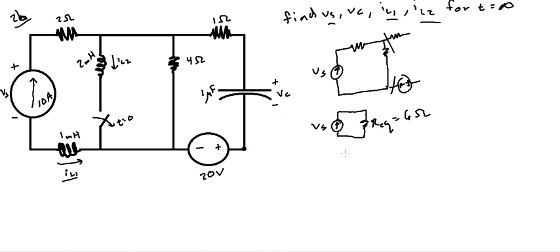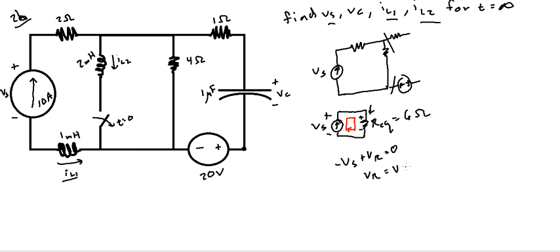Alright, Vs is defined as negative, positive. Current is going this way, because that's how it's sending it out. So this is going to be positive, this is going to be negative. Let's look at this loop. Kirchhoff's voltage law, negative Vs plus VR equals 0.